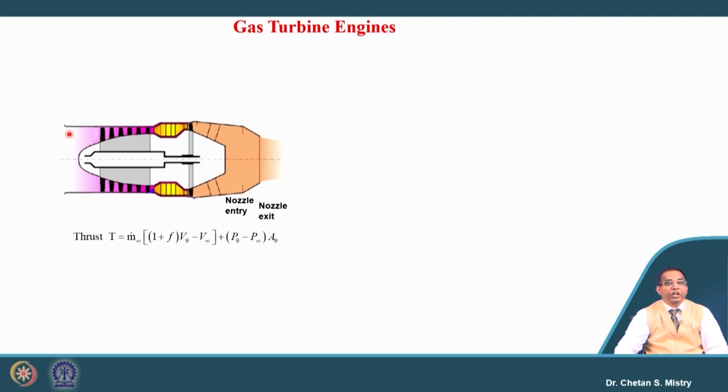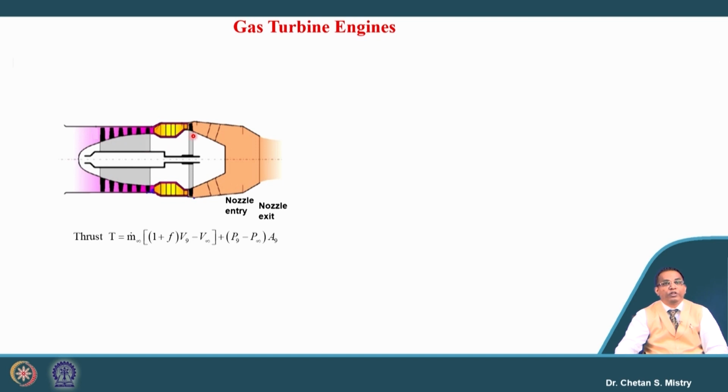We have the intake, and the air gets inside the compressor, where it gets compressed. Then we have the combustion chamber, where the fuel and air mix and get burned. That generates the flue gas, which we use for the rotation of the turbine. Basically this turbine and compressor are on a common shaft.